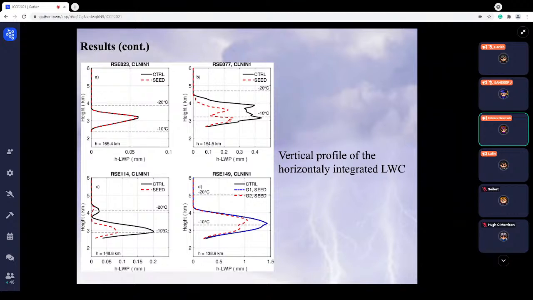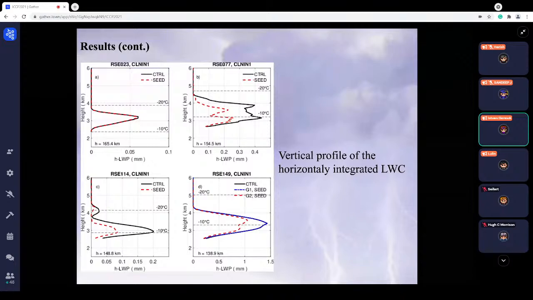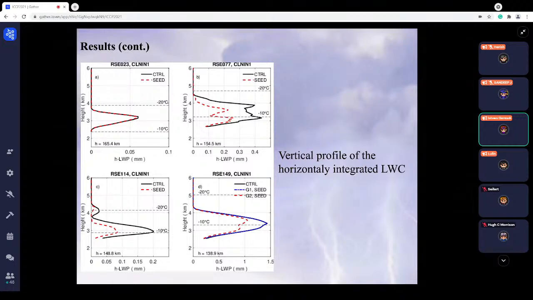If you see the horizontal axis, that's the range of the horizontally integrated liquid water content. In the first case, the amount of liquid water is relatively small. If you see the last one and the first one, the liquid water content is significantly larger. So that's what we found: we can find the relation between the seeding efficiency and the amount of liquid water content.